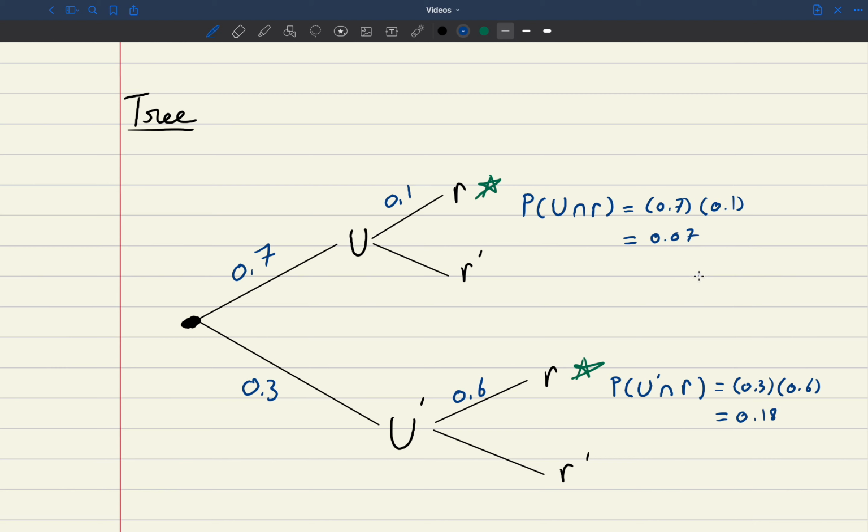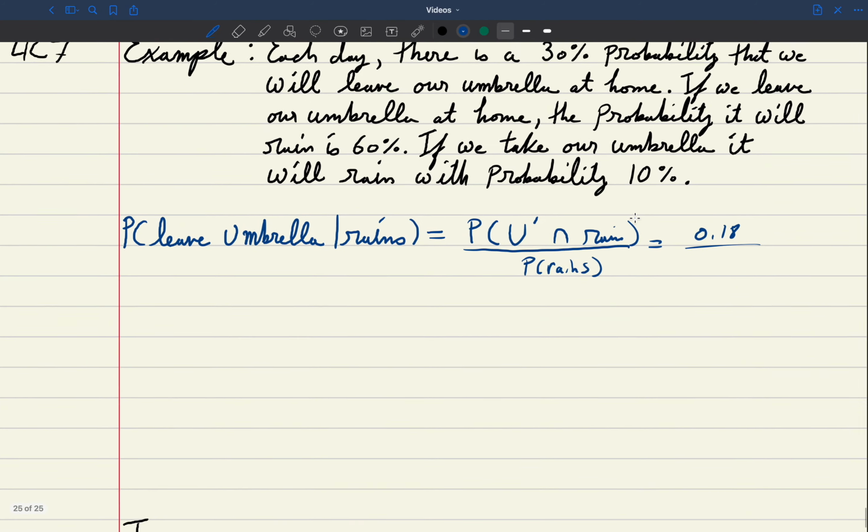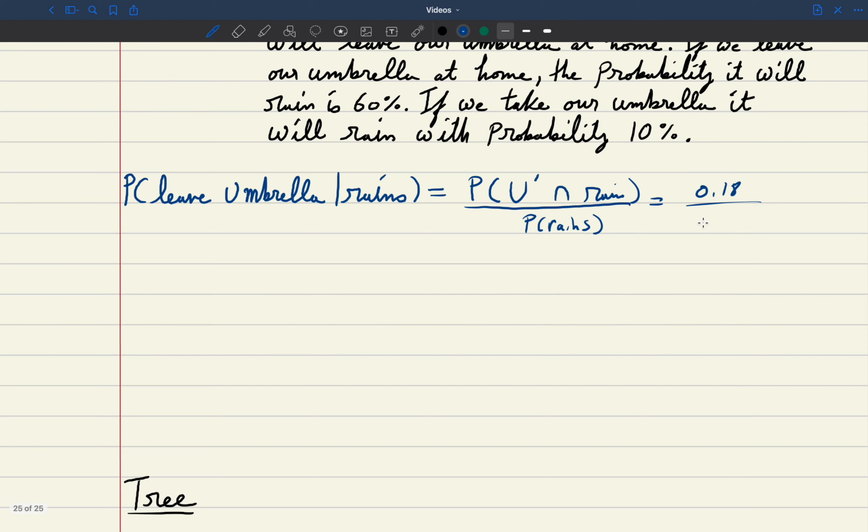So there's a 7% chance that both of these would occur at the same time, and this would have to go in the sample space. There we go. That should be our final answer.